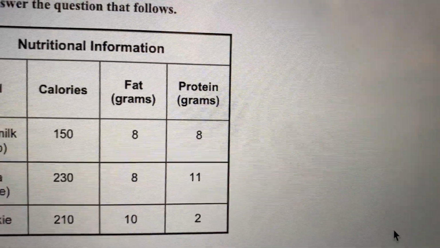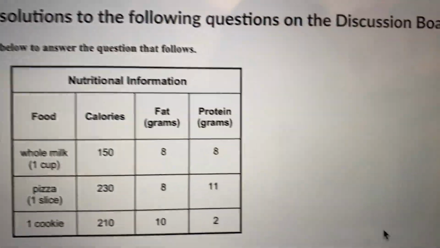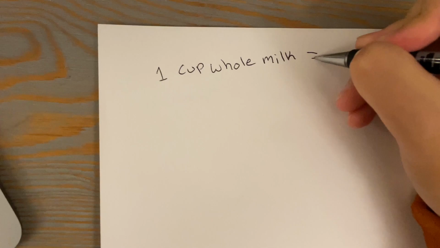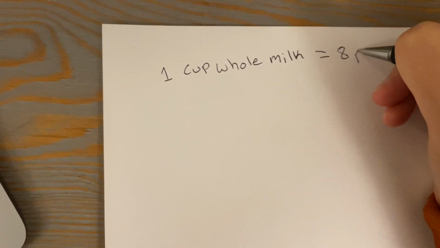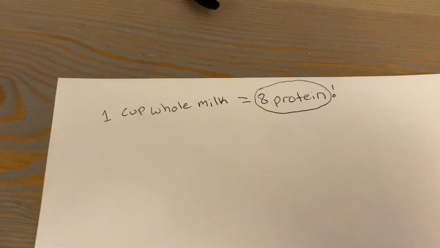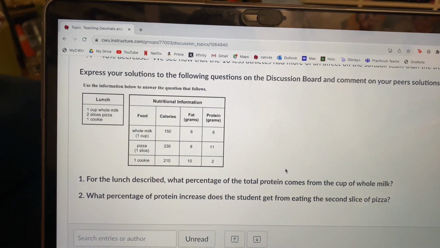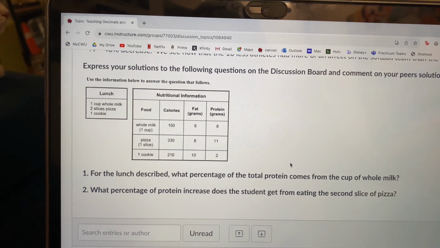It says it right there. 1 cup of whole milk has 8 protein. So we will say that equals 8 protein. But it's asking for the percentage of the total protein that comes from the whole milk.